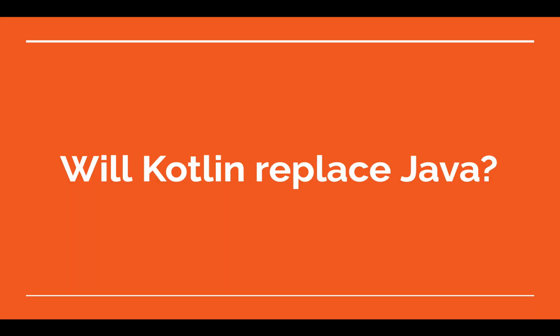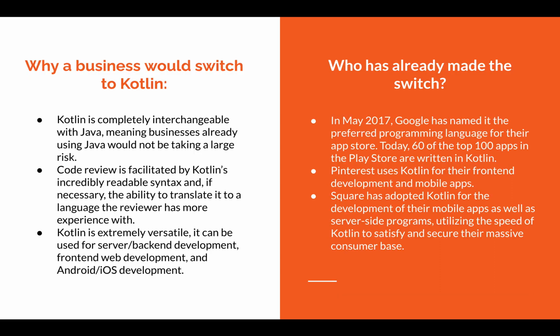So the big question here is, will Kotlin really replace Java? Let's take a look. So I listed out a couple of reasons why a business would switch to Kotlin. Because it's completely interchangeable with Java, businesses already using Java would not need to take a large risk when trying to make that transition to using Kotlin.